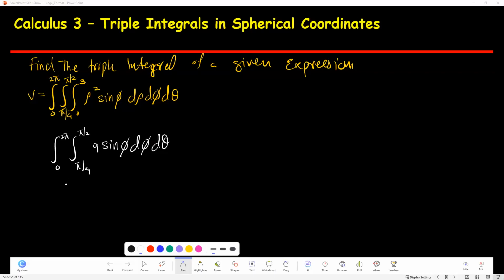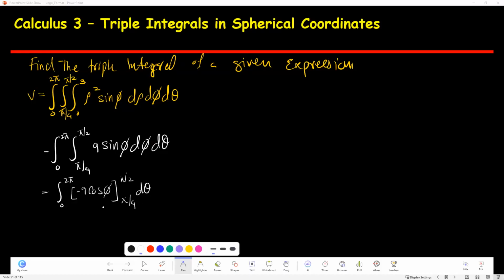Now I'm going to take the second integral, 0 to 2 pi, and it's going to be minus 9 cos phi from pi by 4 to pi by 2, d theta.